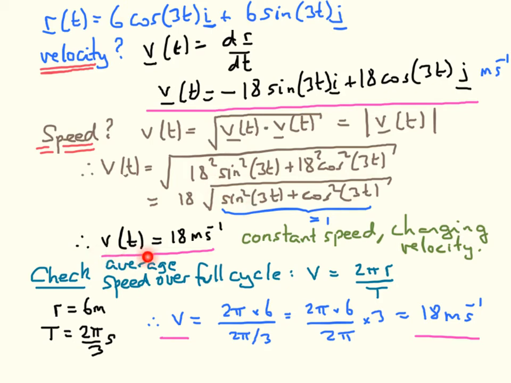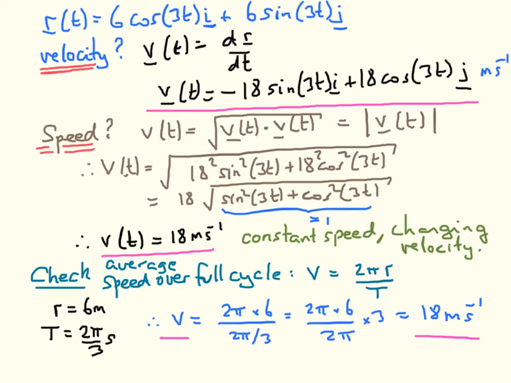So the speed is 18 meters per second, and it's important to recognize that this does not depend upon the time. It is a constant speed, although the velocity, the direction of motion, is changing. So that's a very important result, and it's worth a check.